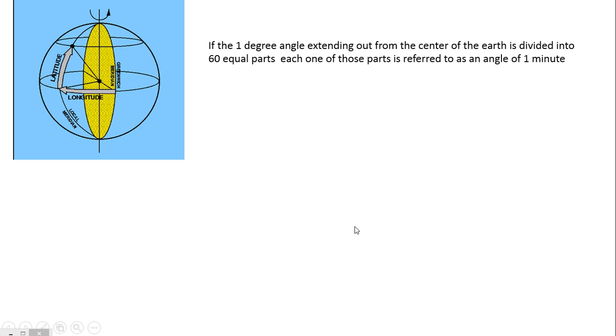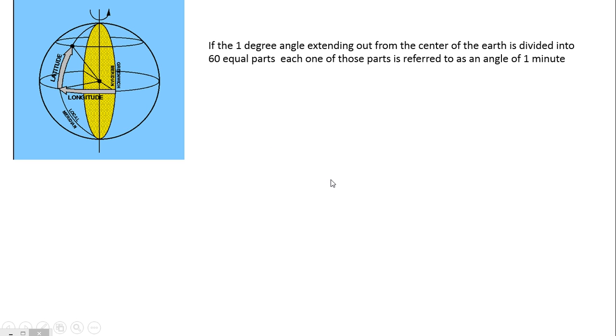So that being the case, we're going to equate that a little bit further. Every 69 miles we travel along the surface of the Earth means that we are moving through a 1 degree angle. In other words, if this distance along the surface of the Earth is roughly 69 miles, the angle formed by the rays extending from the center of the Earth would be approximately 1 degree.